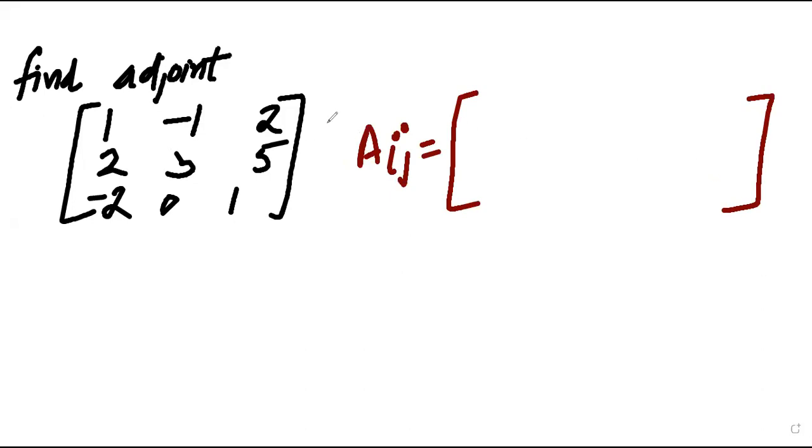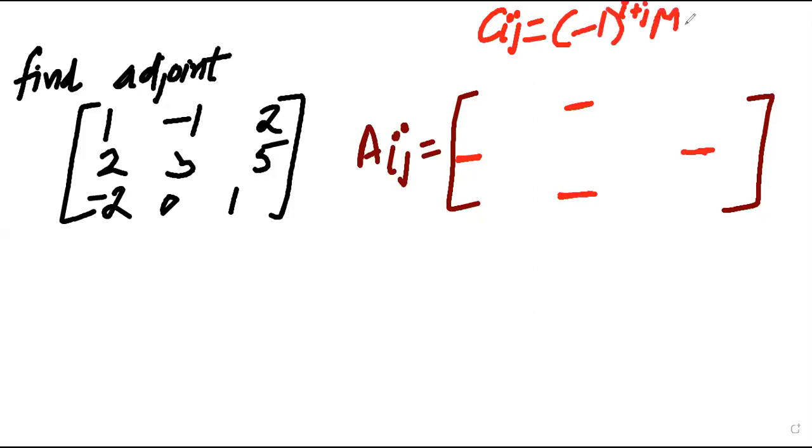Okay. Now change the sign. Change the sign of the values here. This one negative, minus, minus, and minus. You have to keep this in mind, that before finding Cij, you change the sign. The reason is that Cij is -1 to the power i plus j into Mij.